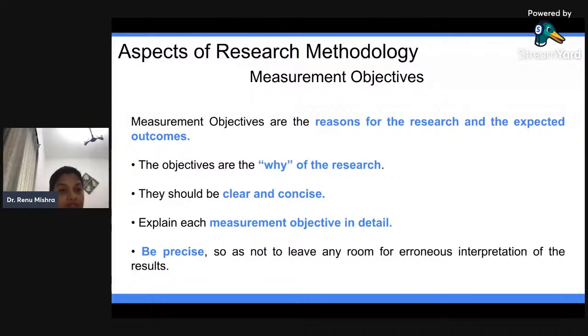Okay, that will be published somewhere, some reviewer will review your work. So your measurement objectives, your objectives should be in such a language that I'm able to understand. If I'm not able to understand your study objectives, I'll not go ahead.